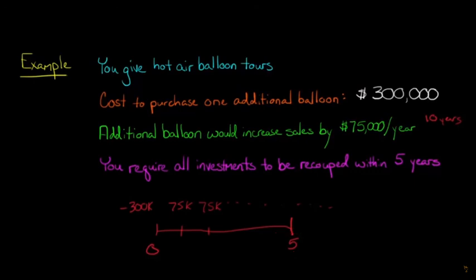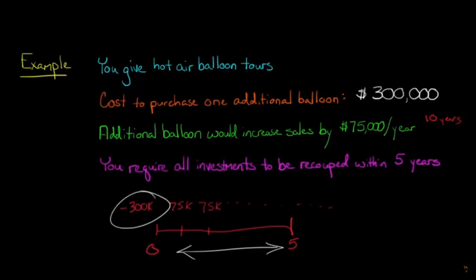But we need to know within this time frame right here between time 0, which is just the beginning, and year 5, will we have collected $300,000? Will we have earned an extra $300,000 in sales to at least break even, to get that $300,000 back, right? Now you might say, well, we're going to do this for 10 years, so just take 10 times 75,000, that's $750,000.